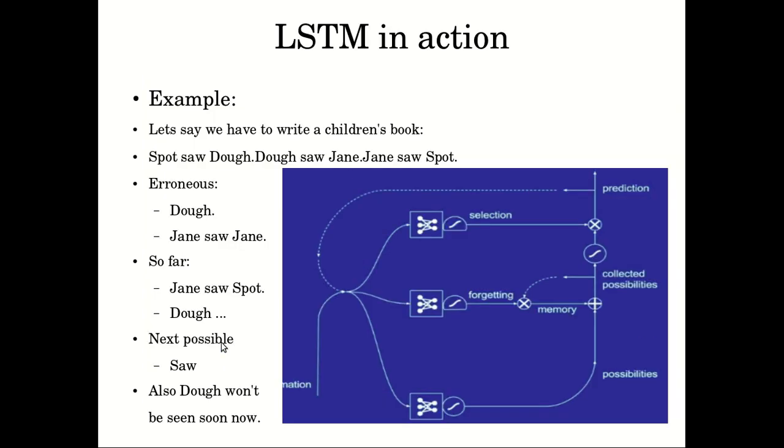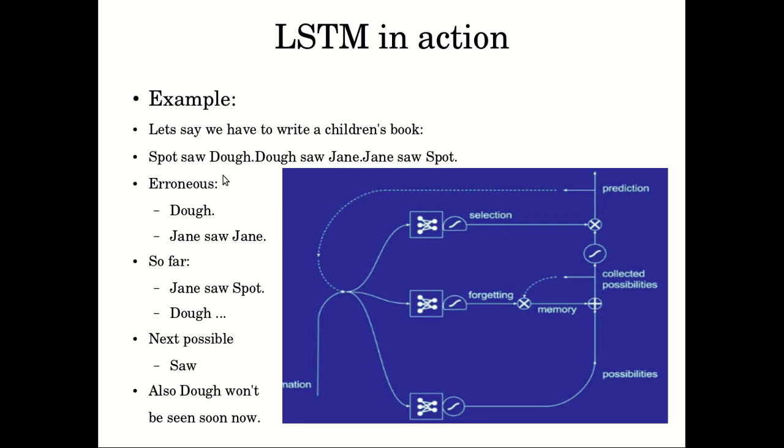Now let's walk through an example to understand it in better depth. Let's say we have to write a children's book, and these are the kind of sentences that we see in a children's book. Spot saw Doug, Doug saw Jane, Jane saw Spot. If we used an RNN to perform this prediction task, the problem is that the RNN is unable to preserve long-term dependencies.